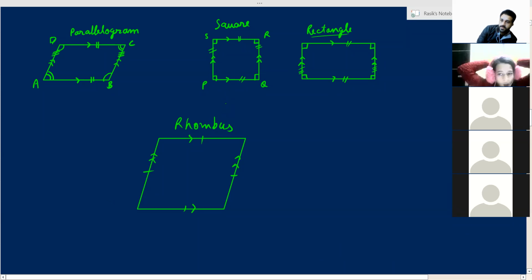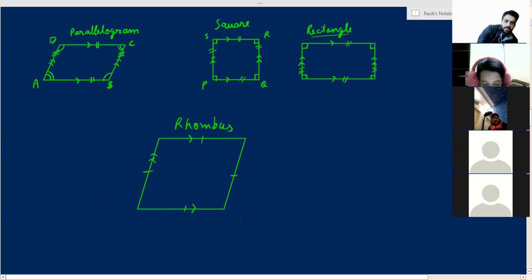But what is different in rhombus? Sir, angles are not equal. Angles are not equal. Angles are not right angles. Correct. Only the opposite angles are equal. गिर रहे हैं ऊपर से, ऐसे गिर के नीचे गिर रहे हैं. सर नहीं, सर खड़े से गिर रहे हैं नीचे को. चलो कोई बात नहीं.